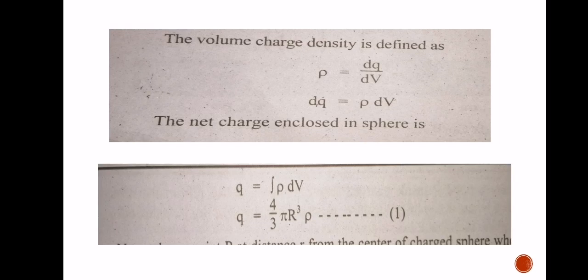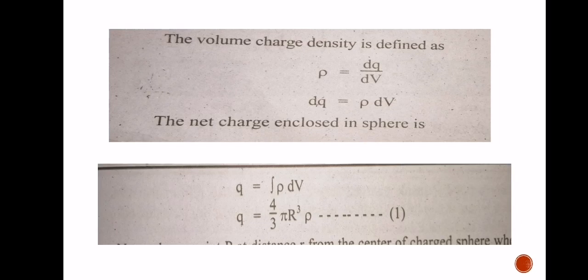The net charge enclosed in the sphere of radius R and volume V is q is equal to integral rho into dV, that is equal to q is equal to 4 by 3 pi R cube into rho.